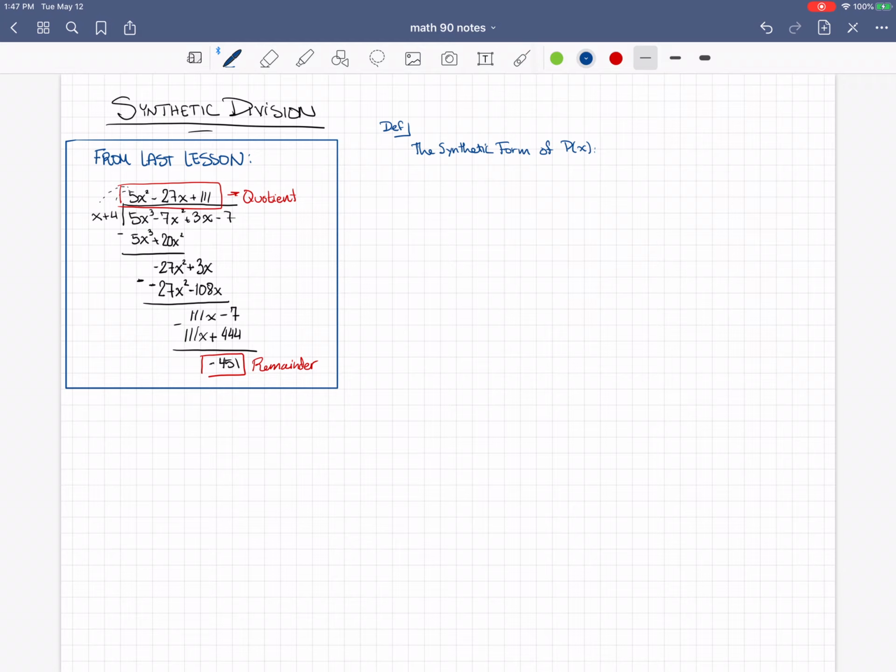So the first thing that we need to do here is define the synthetic form of a polynomial. And the idea here is, if we write terms in decreasing order by degree, meaning the highest degree term goes first, we really only need the coefficients.